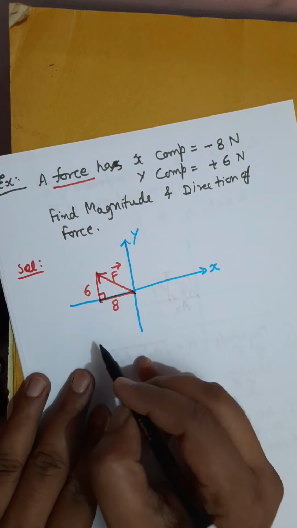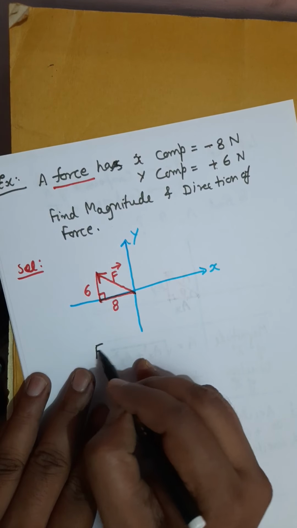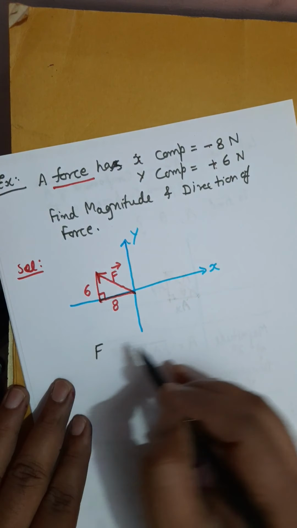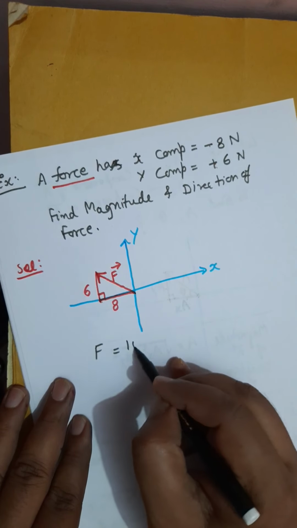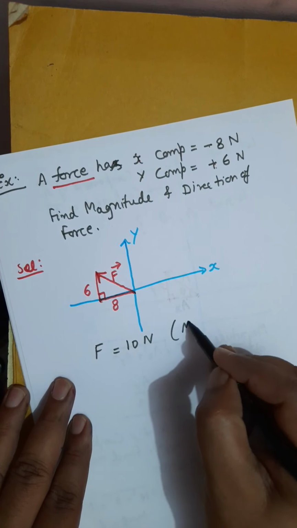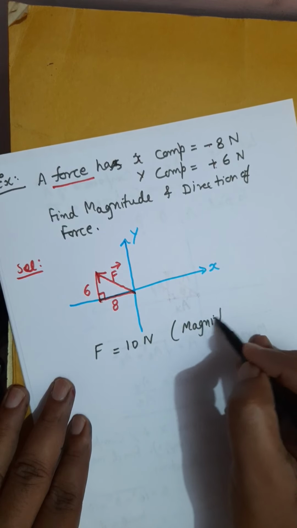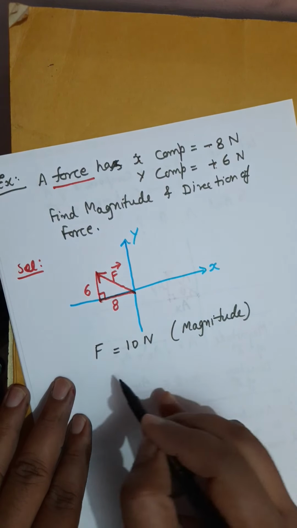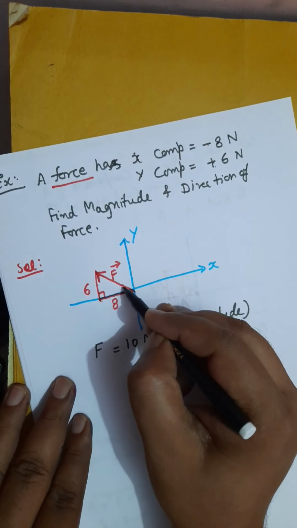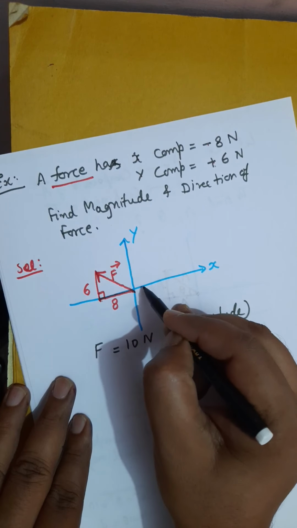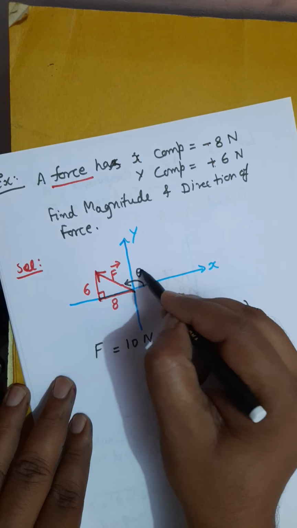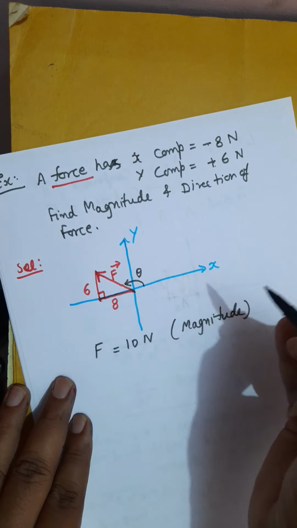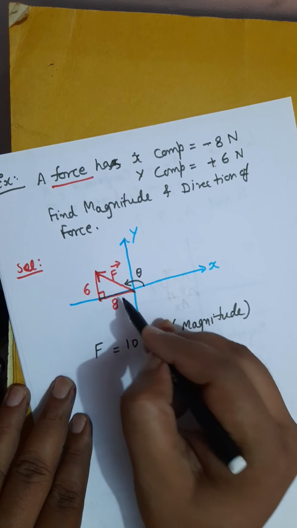So again, I will apply the Pythagoras theorem for finding F, which is the magnitude of force. And if I am not wrong, the Pythagoras theorem between 6 and 8 will give you the value of 10 Newton, and this is the magnitude of my force. And for the direction part, I can give the direction of the force F in terms of this angle theta, which is from the positive side of the x-axis.